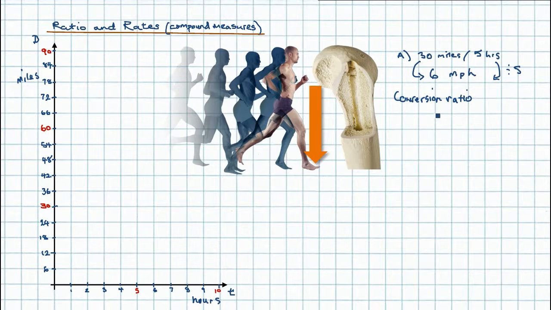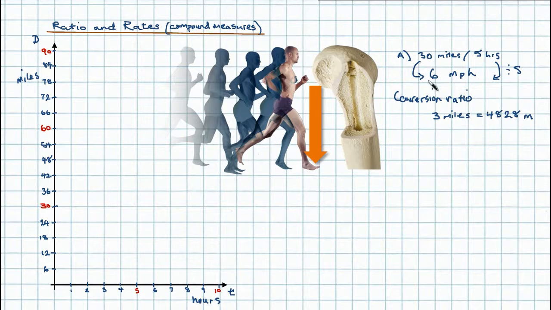So for every 3 miles, let's say, how many meters? Well, that happens to be 4,828, thereabouts, meters. So we've got a 3 to 4,828 ratio.